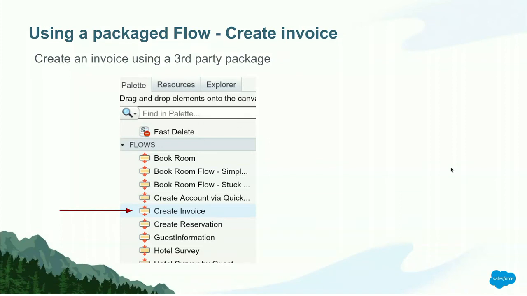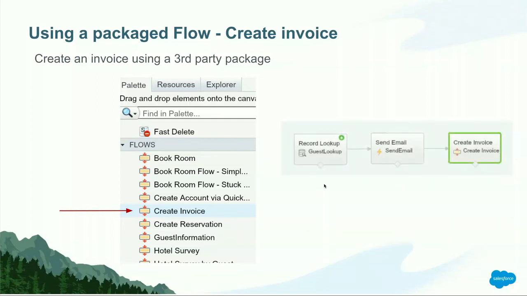If you install a package that contains flows, these flows appear automatically for you in the flow section. So you can simply drag and drop that flow and use it as part of any other flow that you have defined in your organization. In this case, apart from sending the email, once the reservation is paid, we will create the invoice by calling this third-party package.